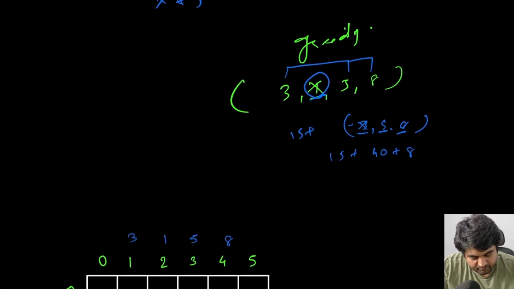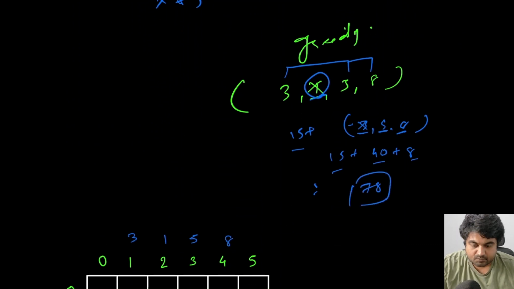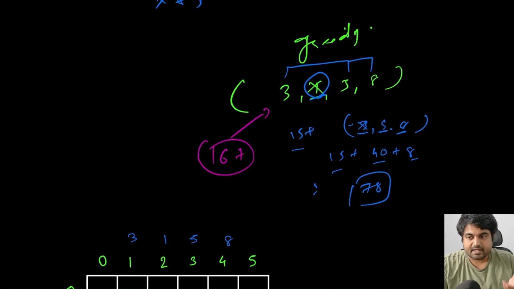So if we sum all of this, it's going to be 30 plus 40, 70 plus 8, 78. So the greedy approach also doesn't work, because we know that if we do it wisely, we can solve this problem and gain 167 coins amongst this input. So this is also a second choice that would not work.